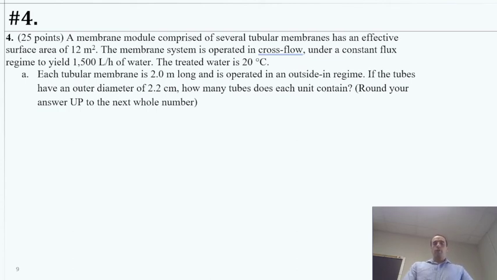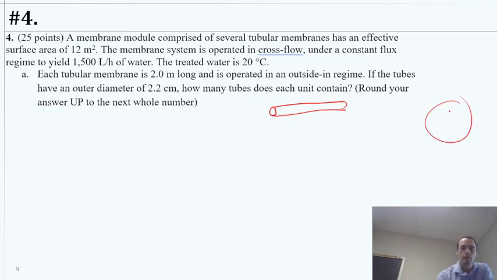Okay, so we're given a lot of information up front, and then we're asked about how many of these tubes we have. Essentially, this part of the problem is, again, just a geometry problem disguised as a water treatment problem. So we have these tubes. We know that in the entire unit there are several tubes. Not sure how many.